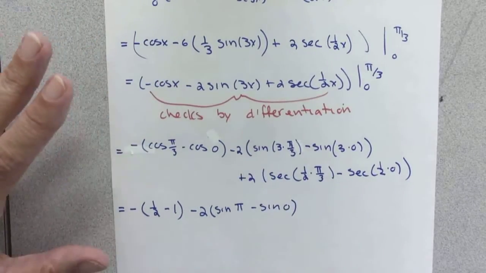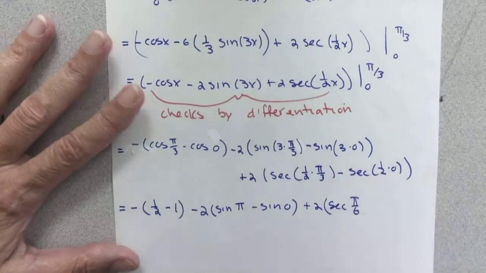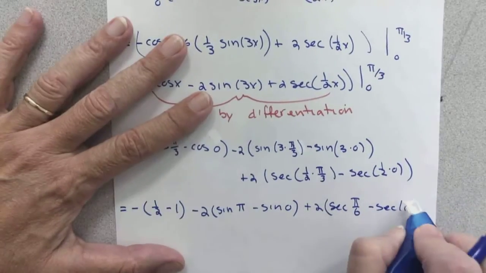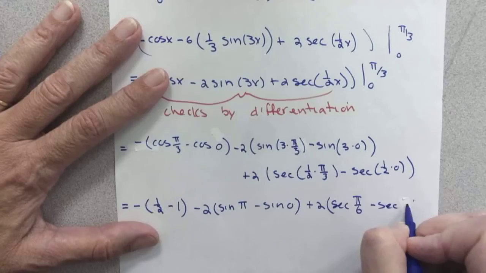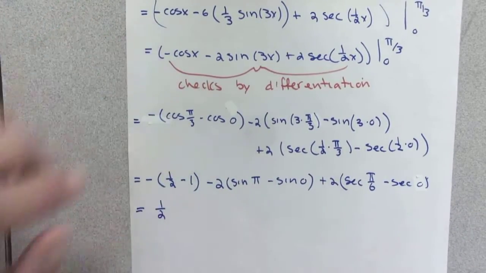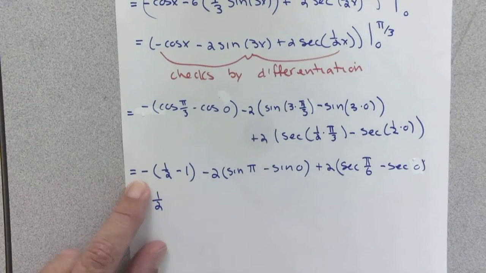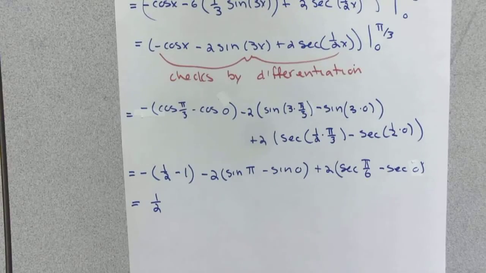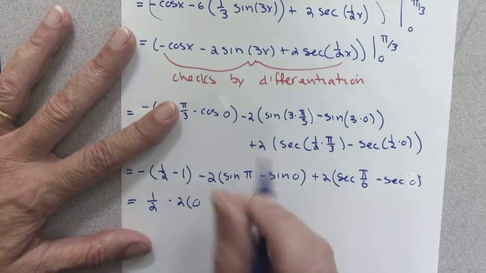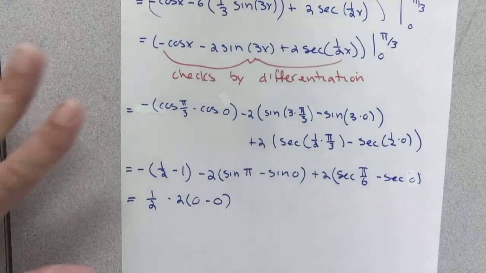Then minus sine of 0, plus 2 times secant of pi over 6, minus secant of 0. And that's going to be 1/2. So 1/2 minus 1 would be negative 1/2, and then I have another negative, so just 1/2 there. Minus 2 times sine of 0 is 0, or sine of pi is 0, and sine of 0 is 0.